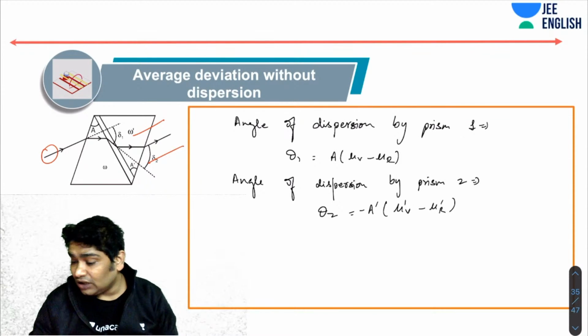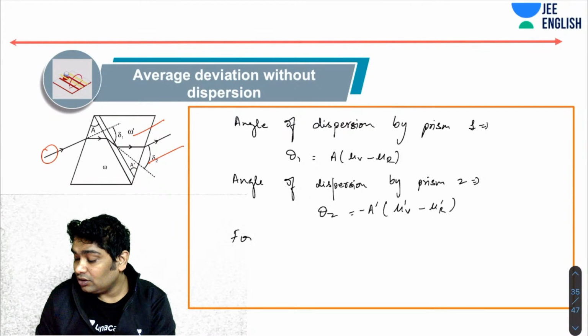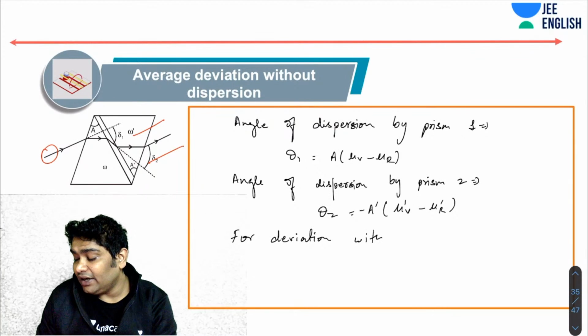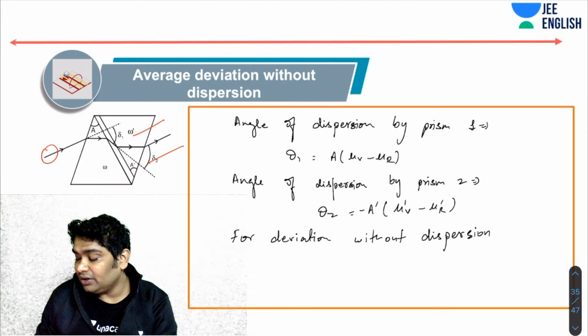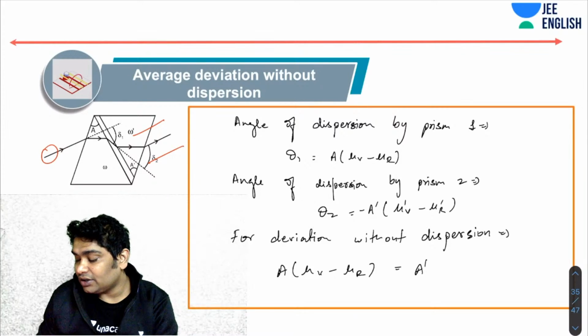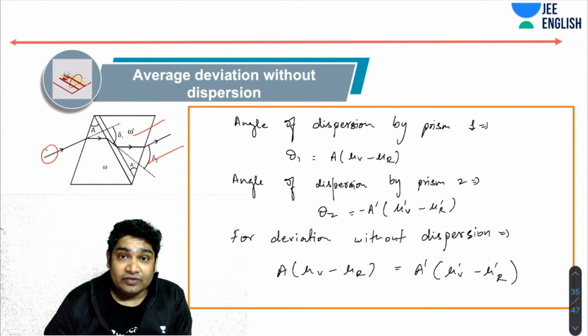So the condition for deviation without dispersion is that you want the net angle of dispersion as 0. So A times (mu of violet minus mu of R) should be equal to A dash times (mu dash violet minus mu dash R). If that condition is satisfied, then you will have a deviation without dispersion.